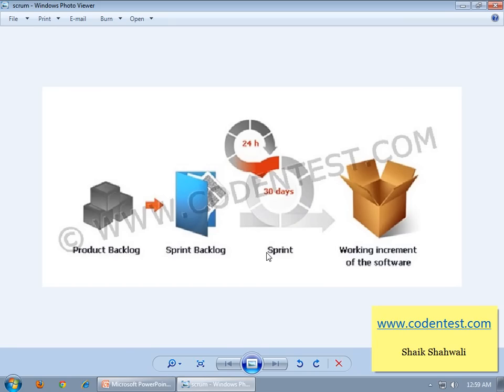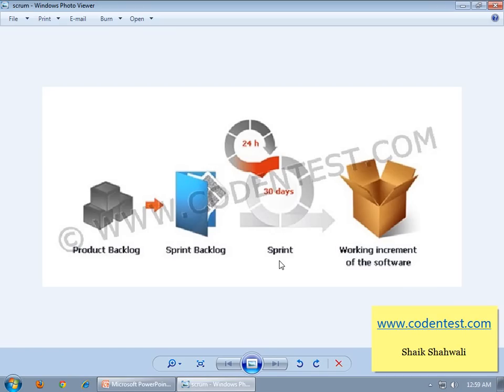Before starting a sprint we have a meeting, and during the sprint we have meetings, and at the end of sprint we have meeting. Before starting a sprint we decide what should be our sprint backlog and how long that sprint should be.